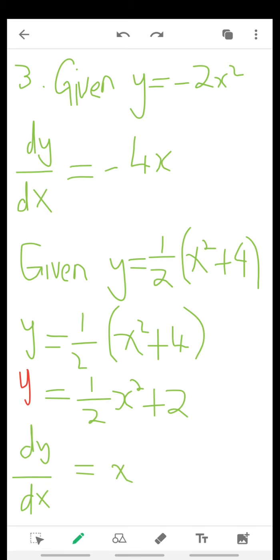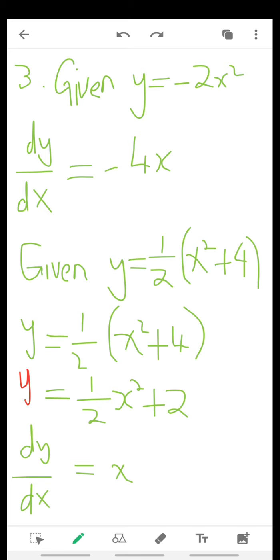And then when I derive, this is dy over dx, y must be the subject of the formula. Is that happening? y is the subject of the formula. Then now I'm deriving. So I'm going to use the 2 to multiply with the half. Half times 2 is 1. Then subtract the 1 on the exponent.